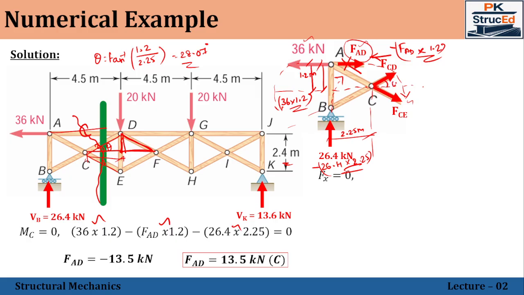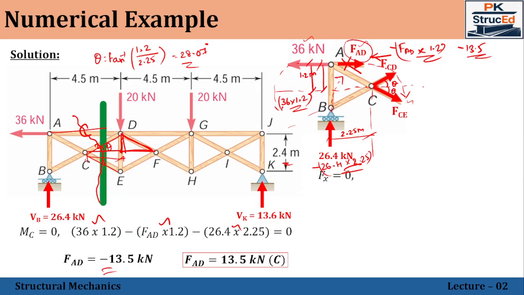This is theta, and this is also theta, equally inclined. Now if we are solving, FAD has been assumed to be acting in the right side direction, don't change the direction as of now. But the value we got is minus 13.5, so FAD will create 13.5 in the X direction.